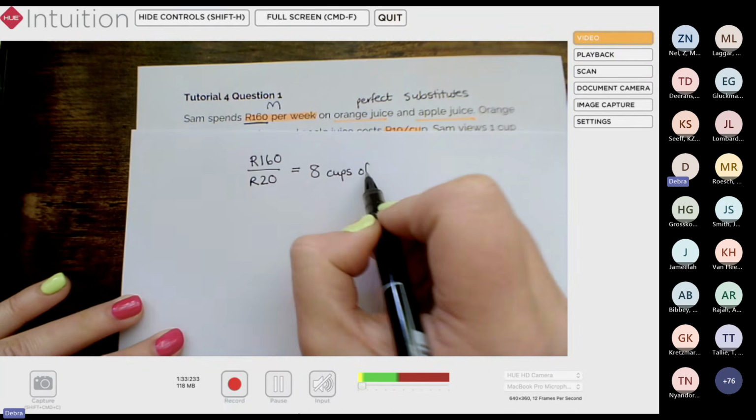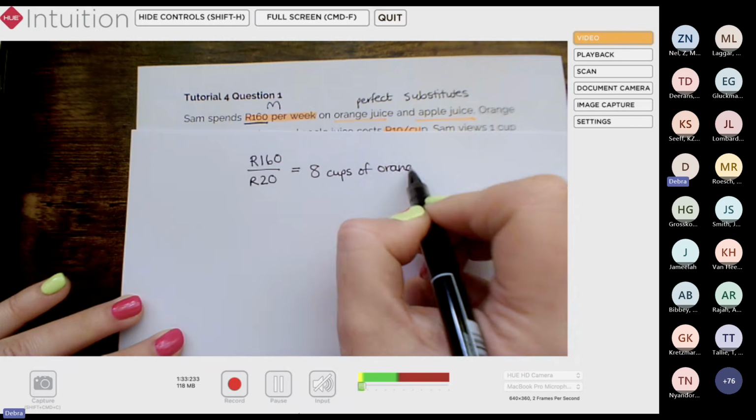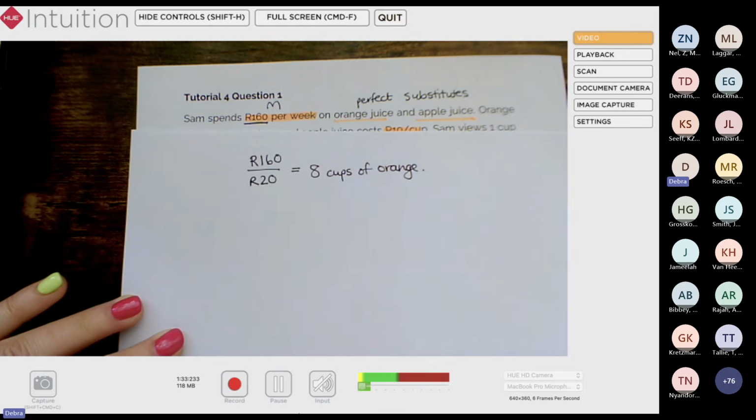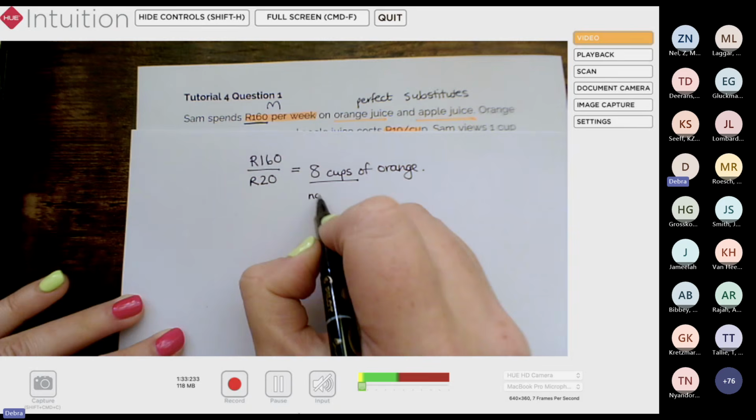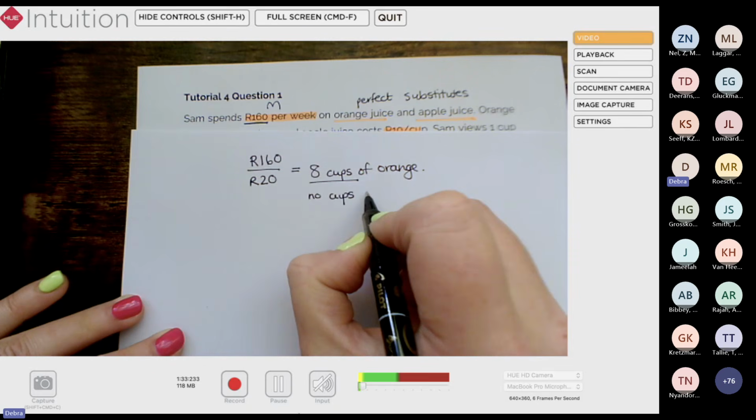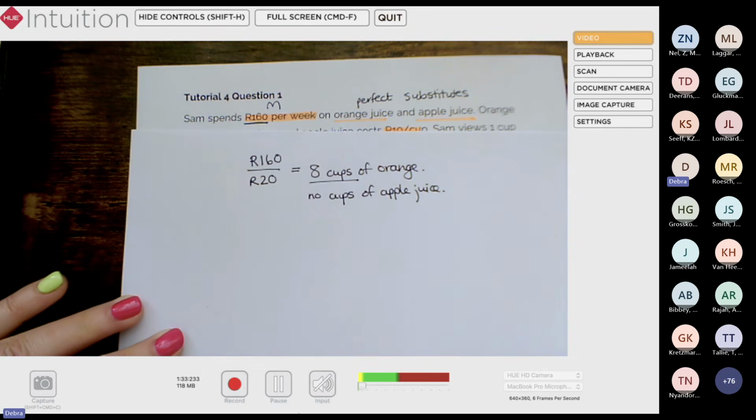So that's where the value of 8 comes from. But in order to fully represent his optimal bundle, you would have to say he optimizes by consuming 8 cups of orange juice and no cups of apple juice. Okay, so that's where the 8 comes from.